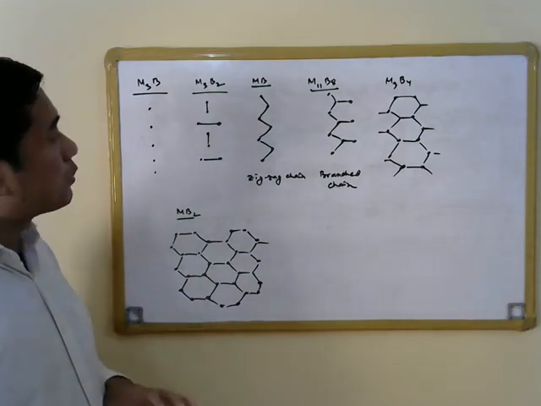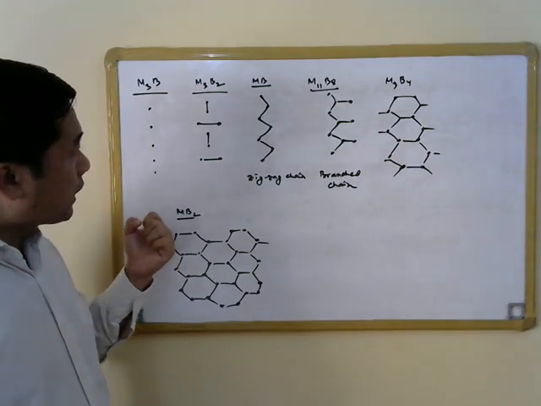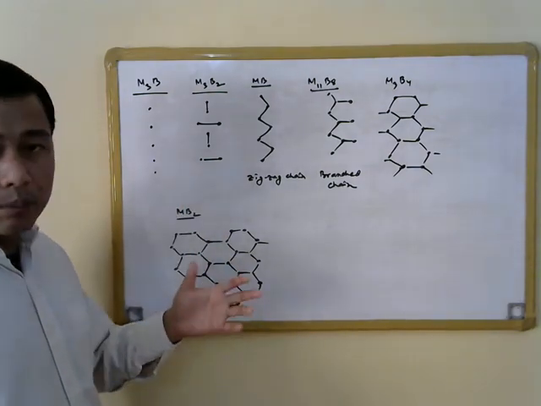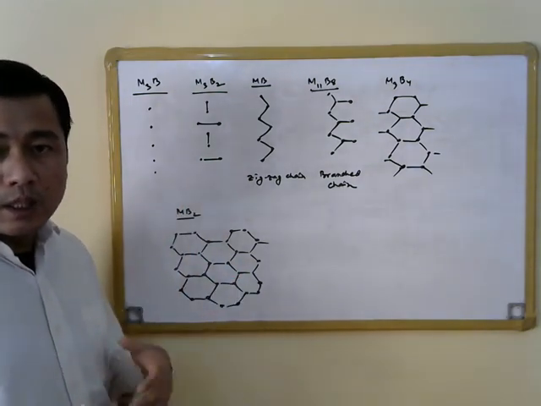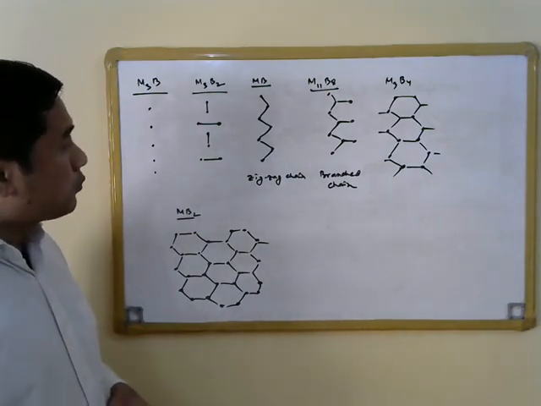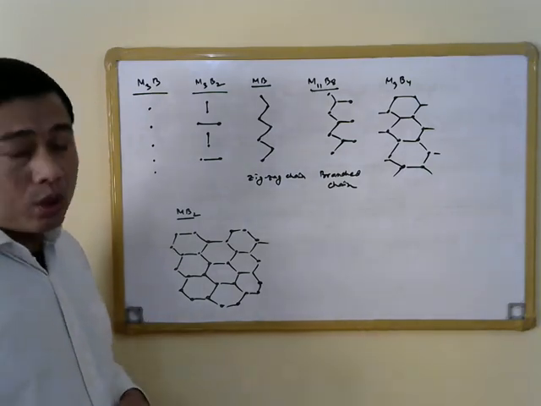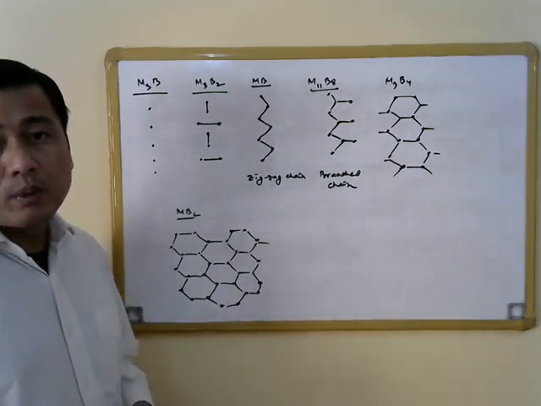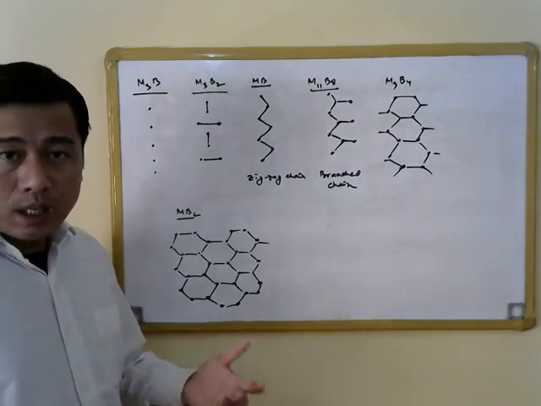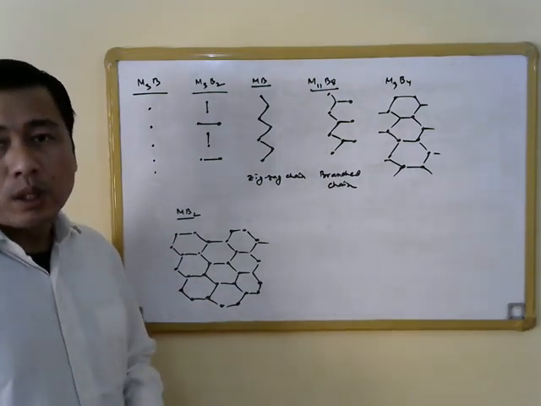Also, because of formation of such different types of catenated structures within the metal borides, it increases the variability in the composition of metal borides, and that is the reason why we see so large a number of metal borides that are present or can be prepared.